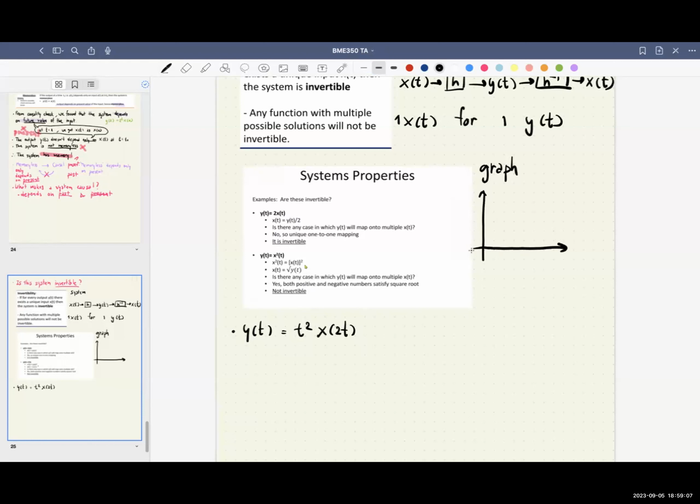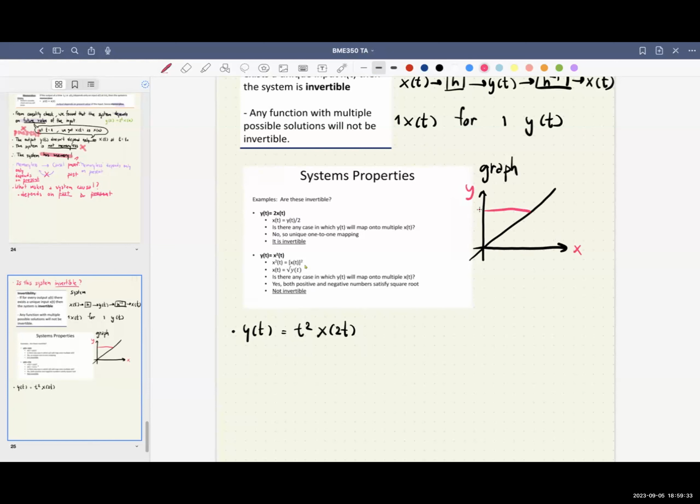Okay, if we say we have a linear graph here, let's say this is y and this is x, but on your exam it can be output and input, or it can be x and t. You need to be able to identify which one is input and output.